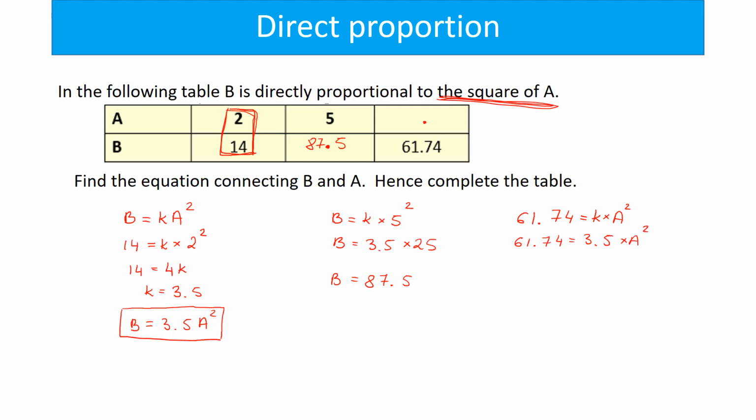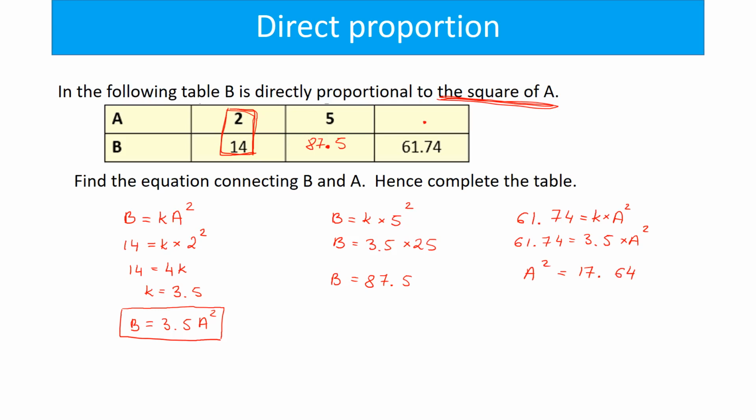Okay, now to find the value of A, first I have to divide both sides by 3.5. So A squared equals 17.64.